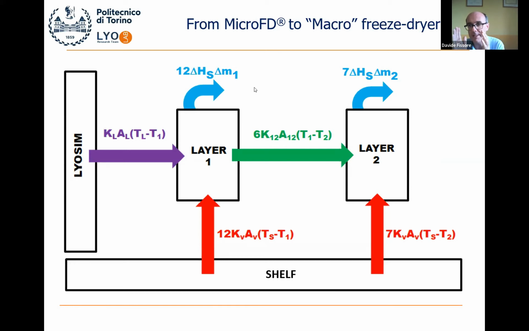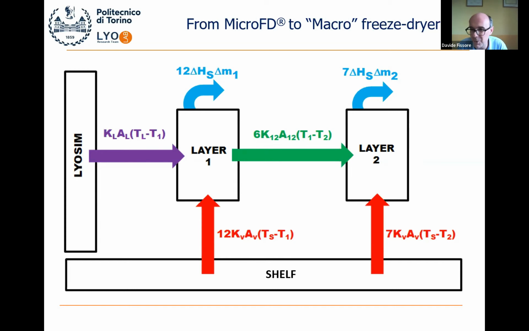Well, in principle, if you have in mind this picture, what you have to think is this. I carry out a test. I measure the weight loss in all the 19 vials. It takes a few minutes to measure this weight loss in all the vials. I measure the temperature of the shelf, Ts, and the temperature of a few vials in group 1 and in group 2, T1 and T2.